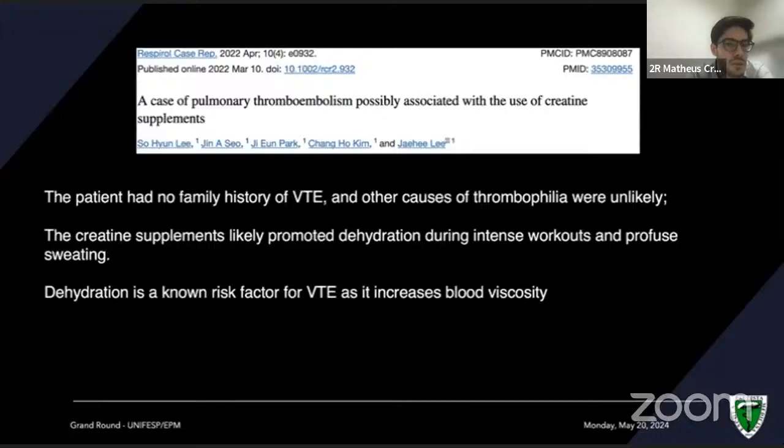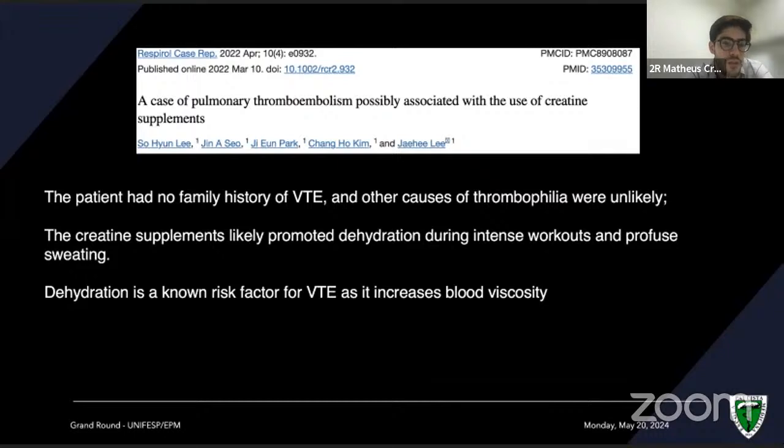We also found an article talking about a case of pulmonary thromboembolism, probably associated with the use of creatine supplement. The patient in this case had no history of thromboembolism, and other causes of thrombophilia were unlikely, and they believed it was due to the creatine use, as the patient ingested more than was recommended.